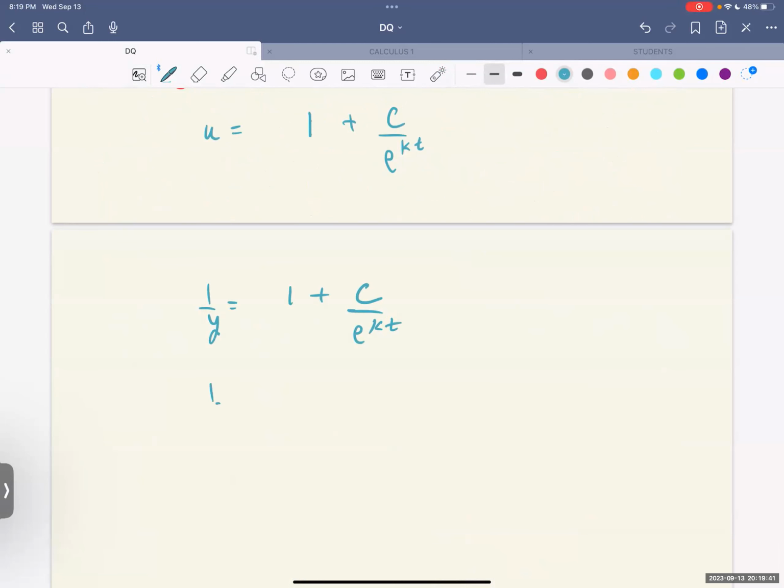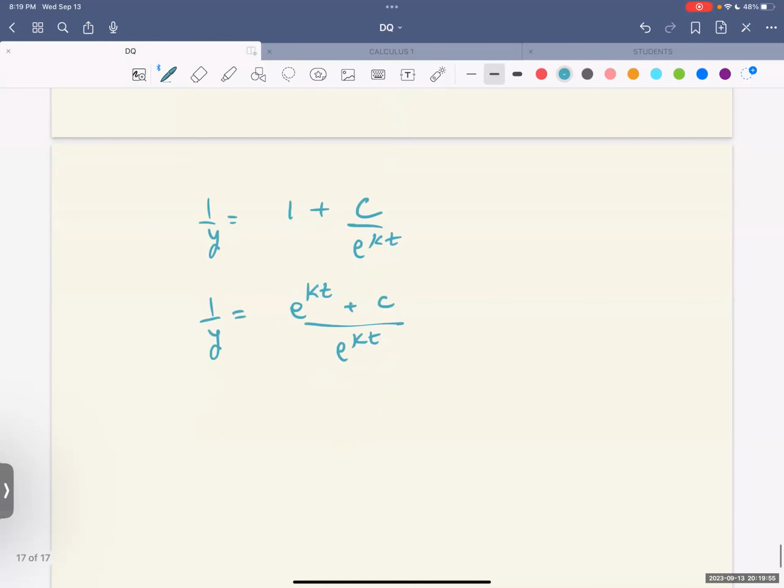So to do that, I'm going to find a common denominator. We'd get e to the kt plus c over e to the kt. Then I'm going to flip both fractions. We'd get y is equal to e to the kt over e to the kt plus c. And that should do it.